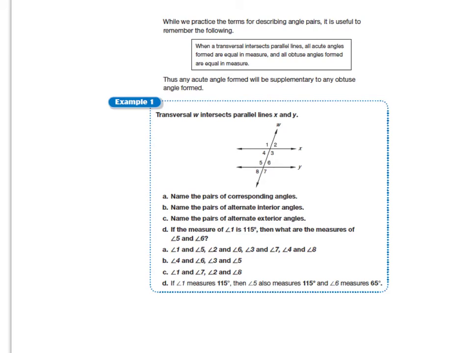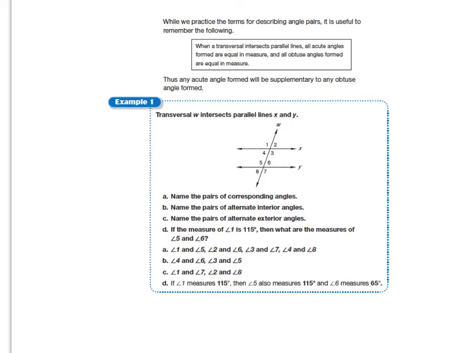But if we just notice that all the acute are the same and all the obtuse are the same, that really helps. Thus, any acute angle formed is supplementary to any obtuse angle formed. So they're all going to be equal or supplementary.